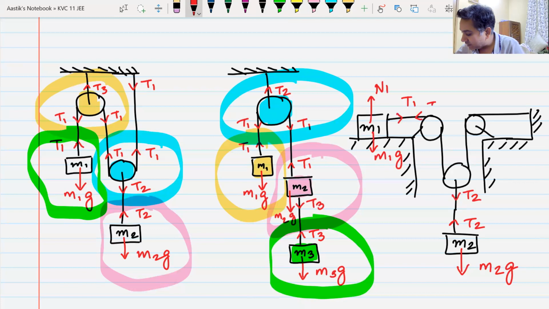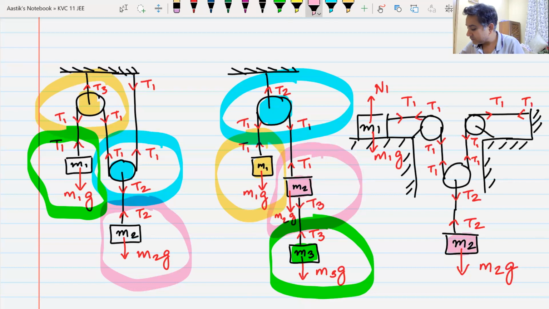Tension T1 should remain the same. So this is T1, this is T1, this is T1, this is T1, this is T1, and this is T1. This is also T1. You may call T1 as T, you may call T2 as T1, doesn't matter, they must be different.